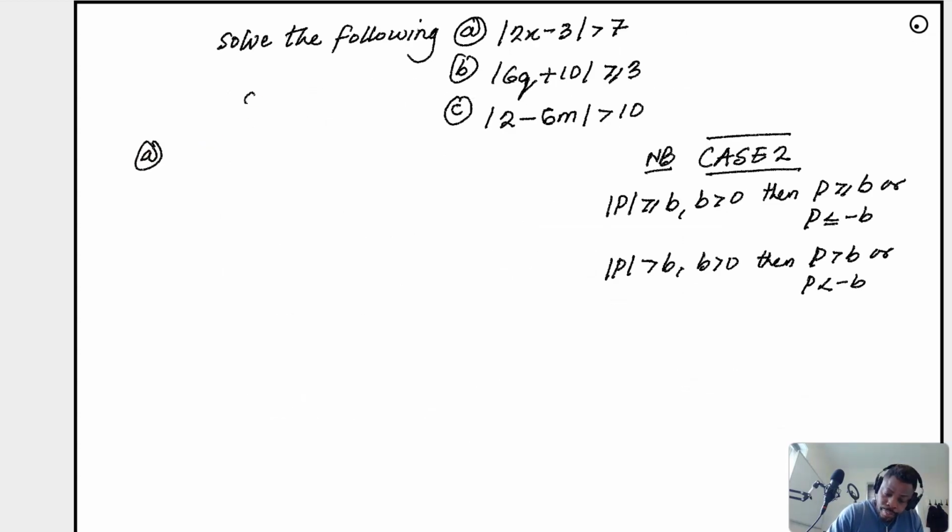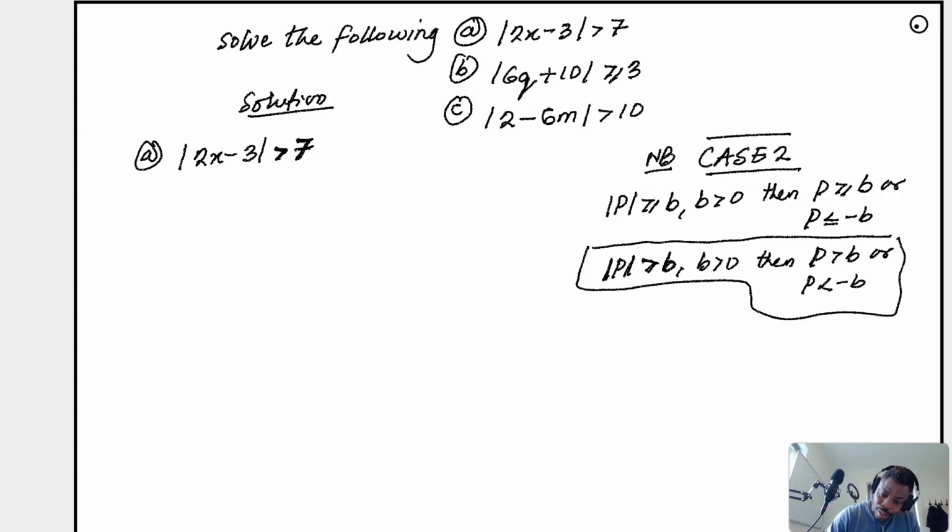A: modulus 2x minus 3 greater than 7. Once we have greater than 7, so our b is 7, and we have greater, and this is the modulus, and our b, which is 7, is greater than 0, so we can use this rule that you see here. And using that rule simply means we'll say 2x minus 3 is greater than 7, or this is p greater than b, or p less than minus b is or.